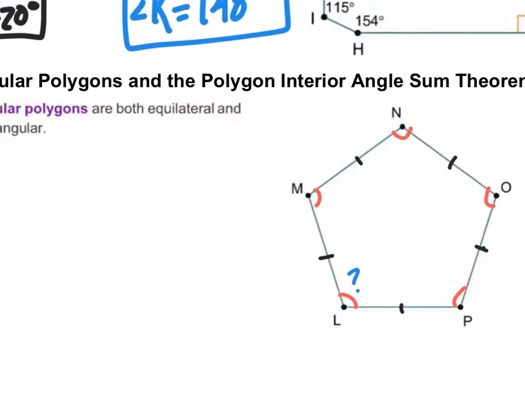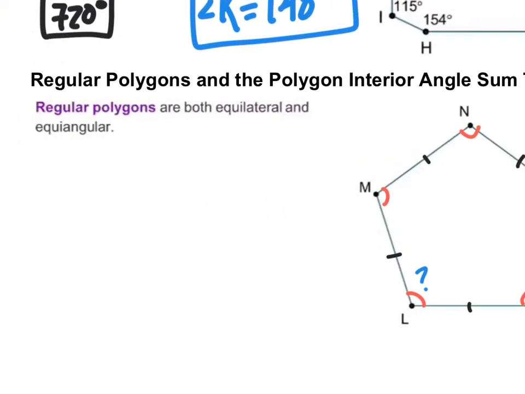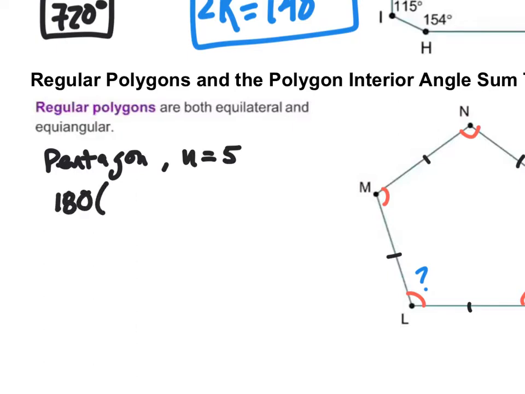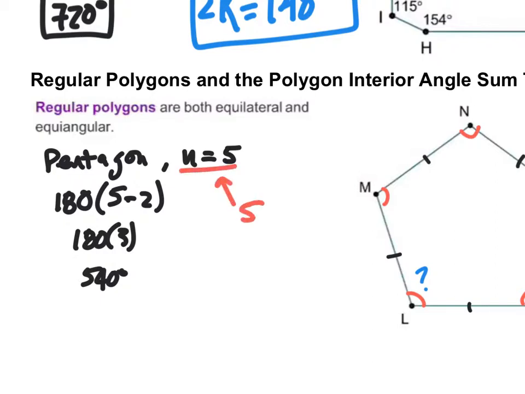In a pentagon, n is equal to 5, and I'd plug it into my formula, 180 times 5 minus 2, so that's 180 times 3, which gives me 540 degrees.